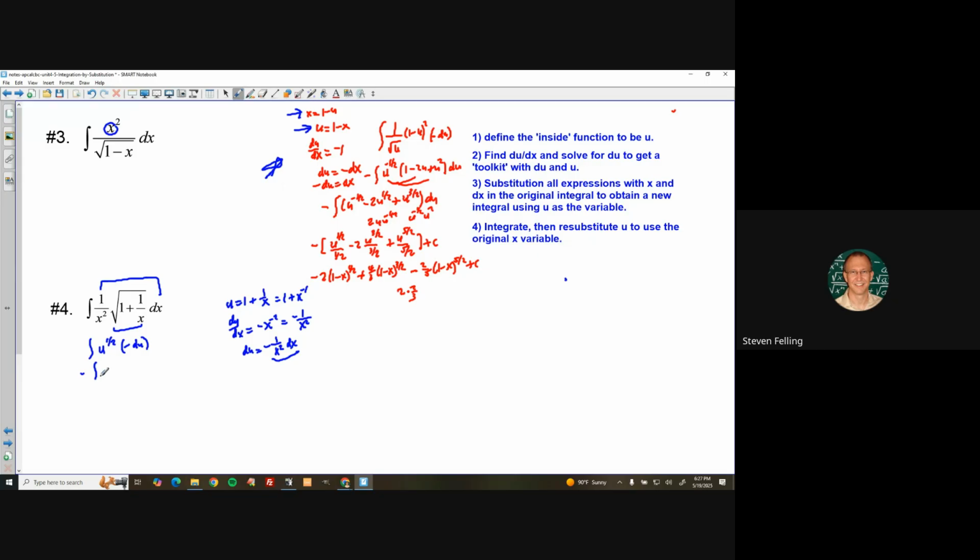Bring the negative outside. And then do the antiderivative. So that is u to the 3/2 divided by 3/2, which is the same as 2/3. And for the u, we will resubstitute 1 plus 1 over x to the 3/2 power plus c. So this is the final answer here.